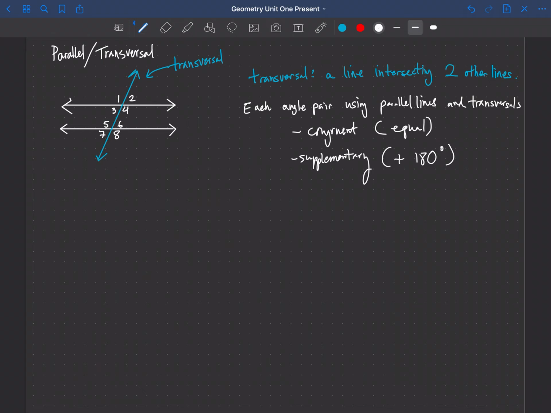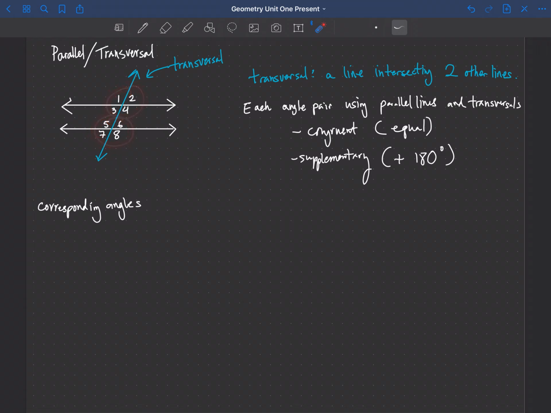So first, corresponding angles. Now, if you can see, the transversal actually makes 2 groups of angles: 1, 2, 3, 4, and also 5, 6, 7, 8.